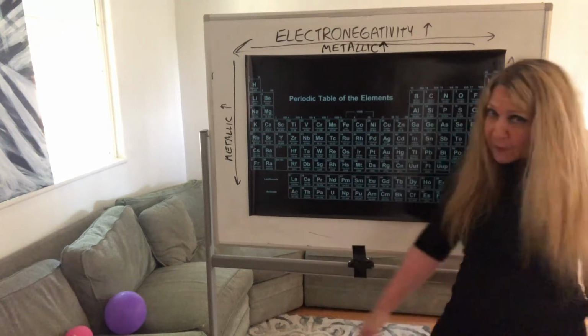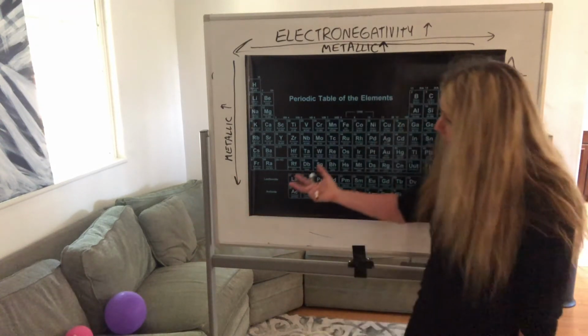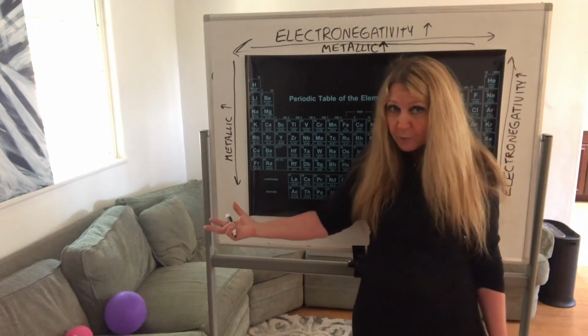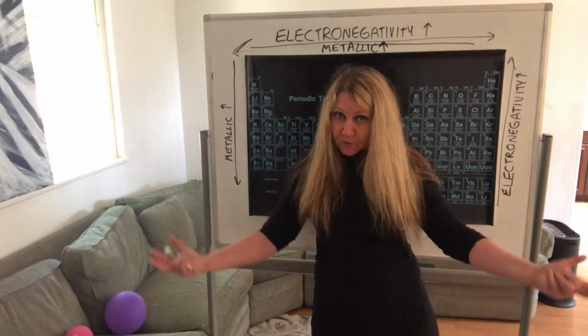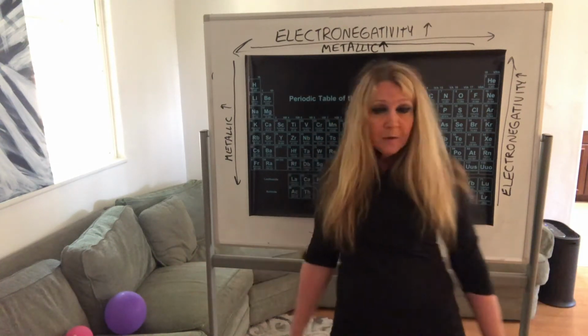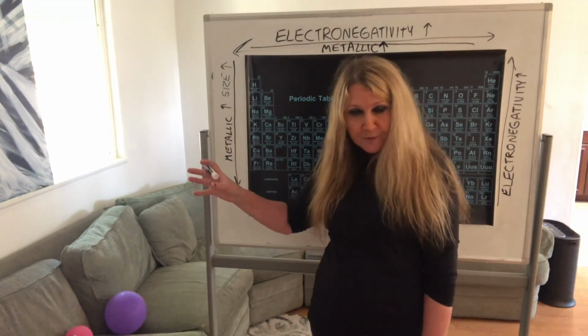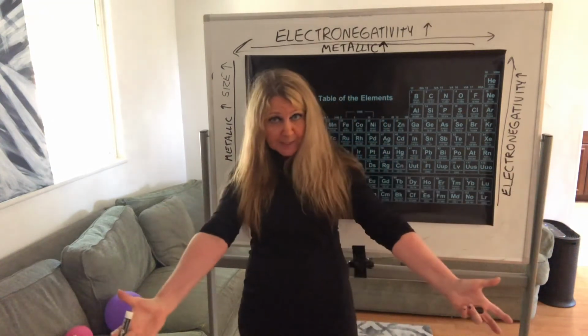So protons, remember, are in the nucleus. So actually, the size of the atom will increase because you're going to have more protons. Remember, protons and neutrons are most of the mass of the atom. So size increases also. These are just some patterns you can see in a periodic table.